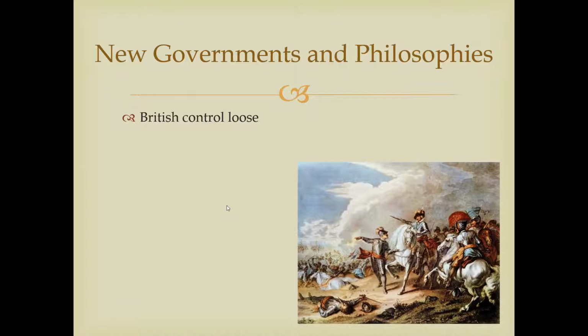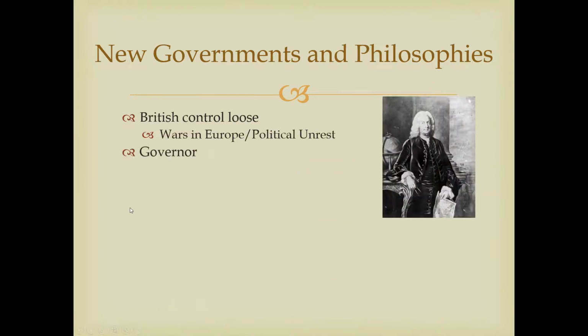They left them off on their own for a good number of years, and then of course you have all the wars in Europe and the political unrest, the English Civil War, the Restoration, the Glorious Revolution. All those political upheavals take the focus away from the colonies, and so because of this, the British don't have the same type of control that the Spanish have.